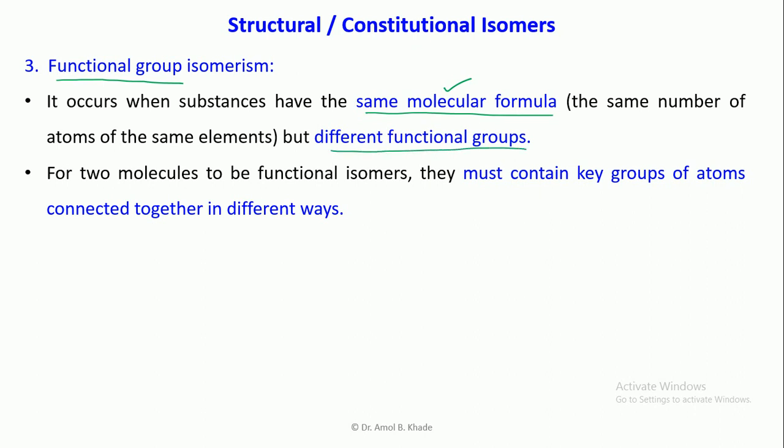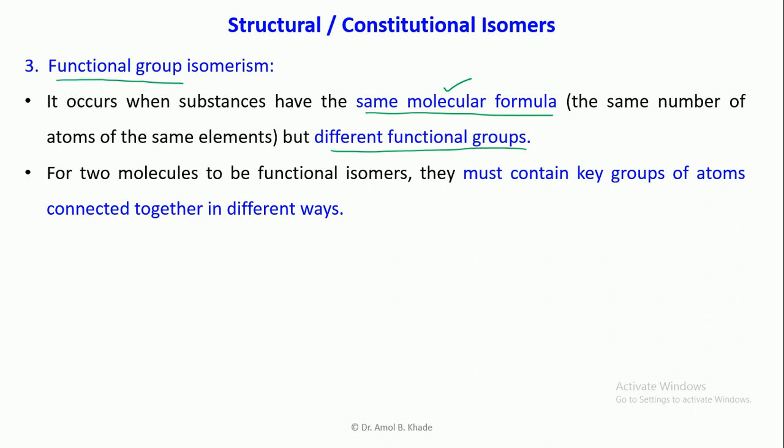In the previous two types, we have seen the functionality was not changed. Only in positional isomerism, the position or the location of the functional group was changed. In the first, the chain isomer, the functionality was not changed and even its position was not changed. But in the third type, the functional group isomerism, we are going to change the functional group.